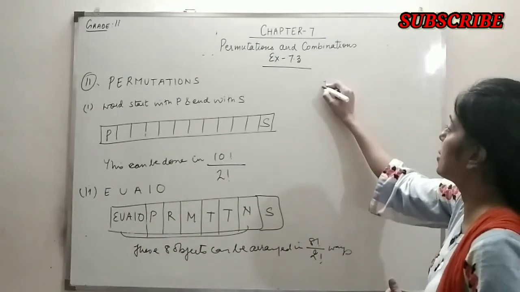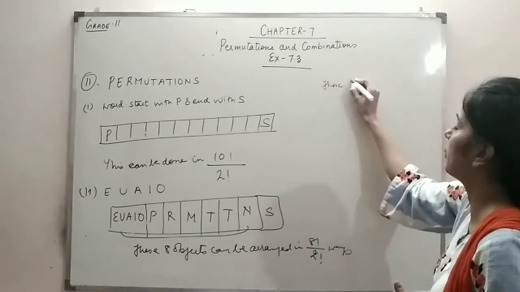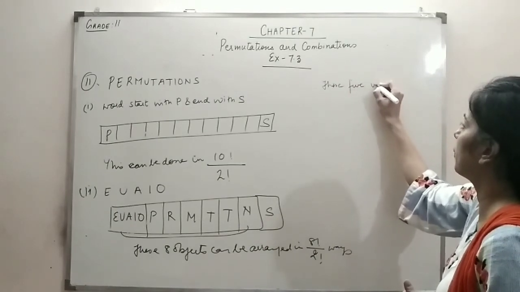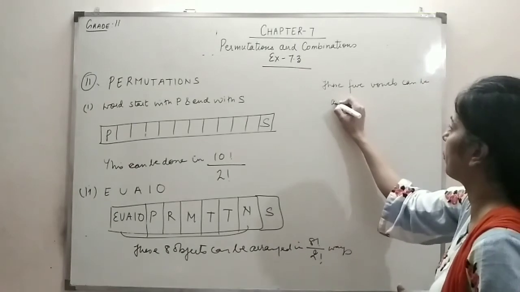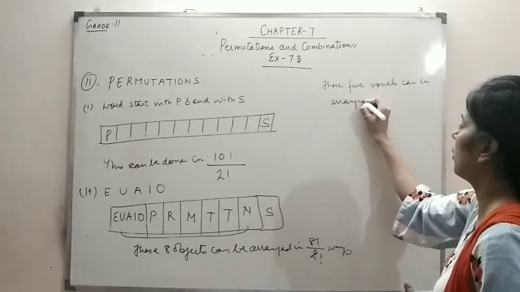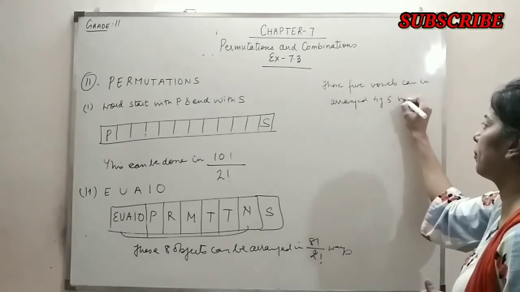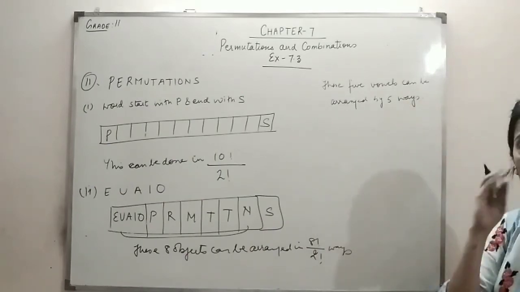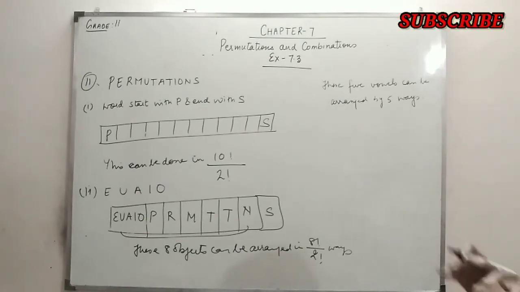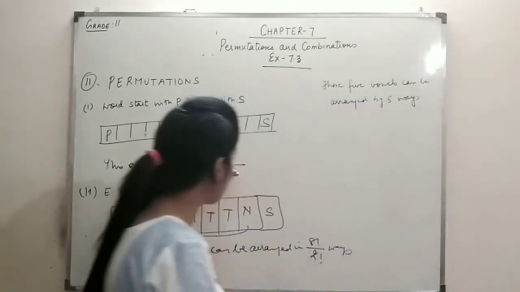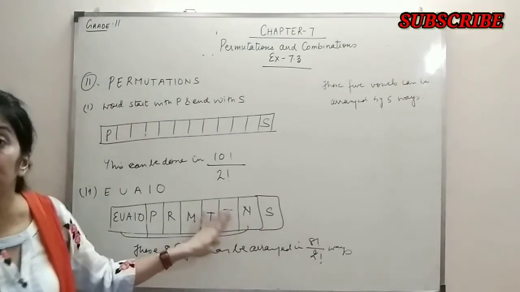So these 5 vowels can be arranged by 5 ways, and these 8 objects can be arranged by 8 factorial upon 2 factorial ways.